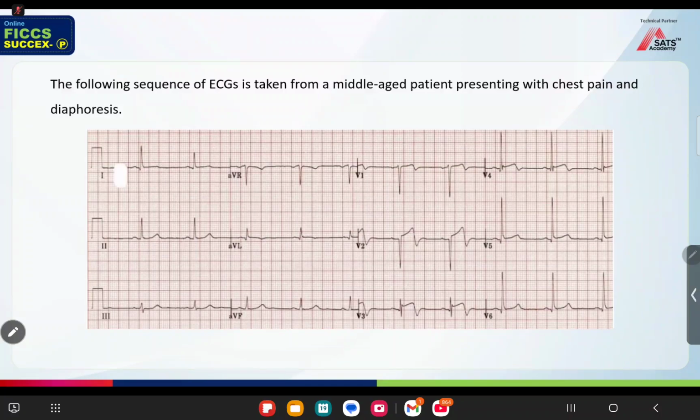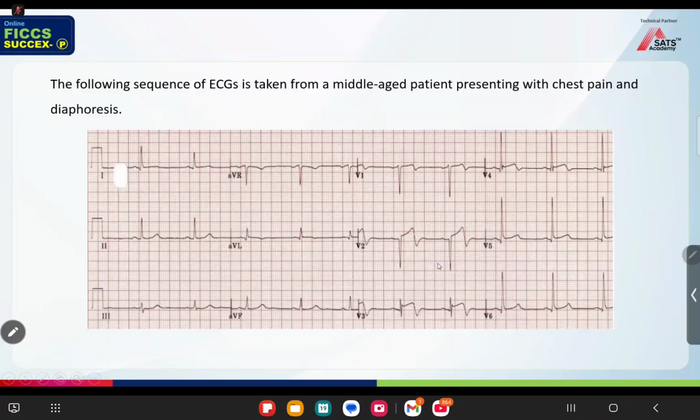It's a lateral wall MI, anterolateral MI. So which artery is involved here? LAD.